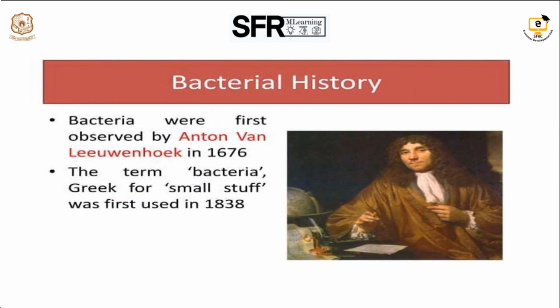Now the history of bacteria. Who found the bacteria? Who is the identifier of bacteria? Yes, the great scientist Anton von Leeuwenhoek, in the year 1676, introduced and observed the bacteria with the help of a microscope. The term bacteria, Greek for small stuff, was first used in 1838.